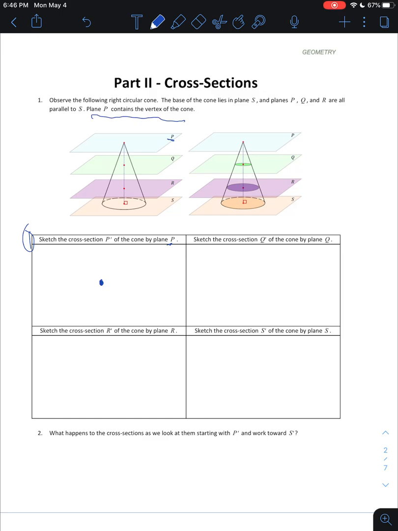Down here, if we call this number 2, it asks us to sketch the cross section R prime of the cone by plane R. So again, we look at this plane R over here, and we're imagining if this is a plane that cuts into the cone, what would the cone look like on this plane?